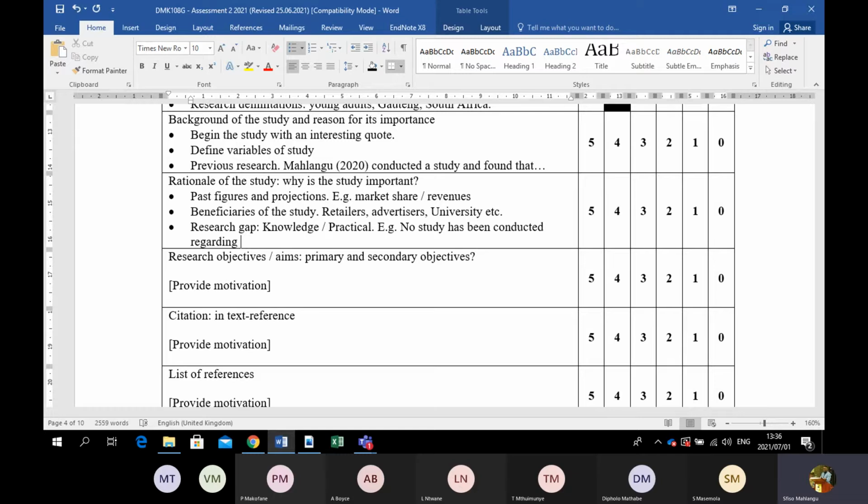Maybe, for example, the study regarding COVID-19. If there is no study regarding COVID-19 that was conducted, or in South Africa, it's also a geographic gap. It's not always no study, even few studies also works. Because if there are few studies, you're still trying to reach the gap there by adding your study.